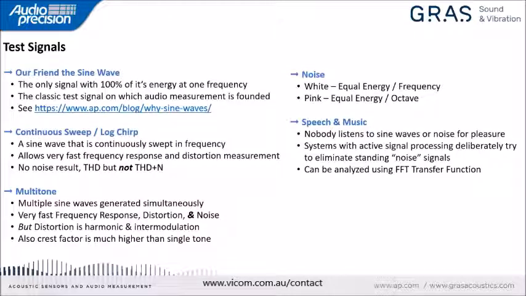So now with modern FFT signal processing techniques, we can actually make measurements on devices using speech or music or noise, or actually any signal, generally speaking, as long as there is energy content in that signal across a broad range of frequencies.